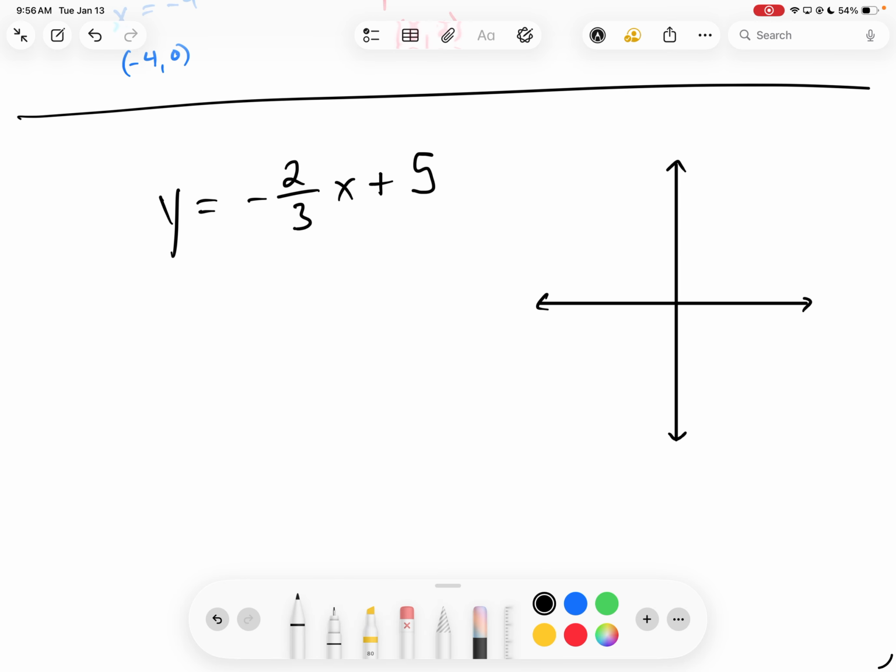Give you all a second to get going there. I was trying to see what this point was. Yeah, I see what you did.